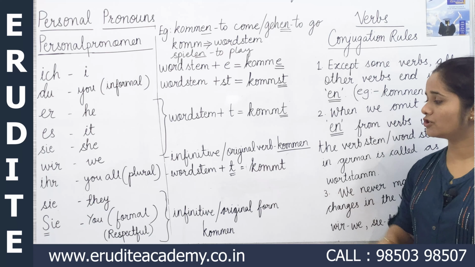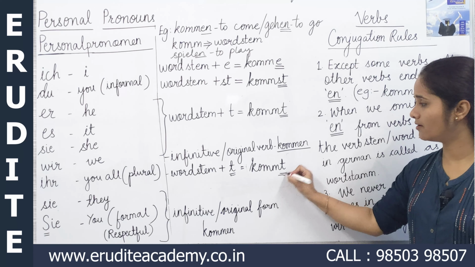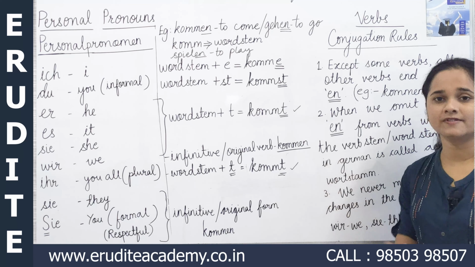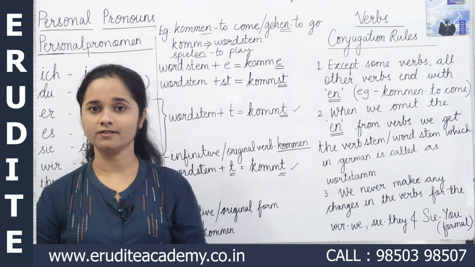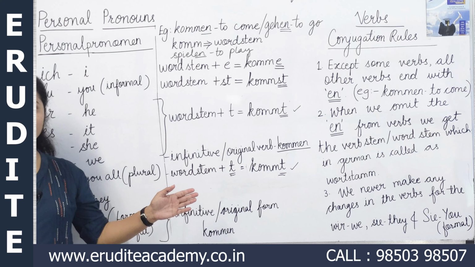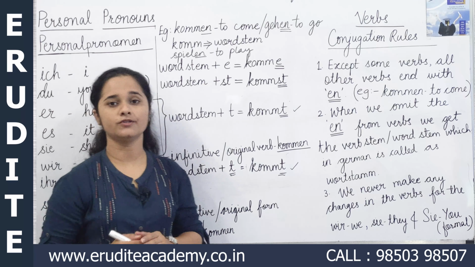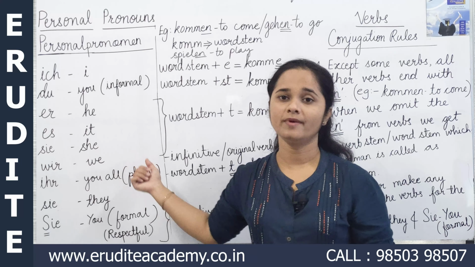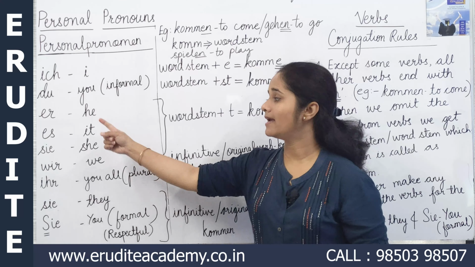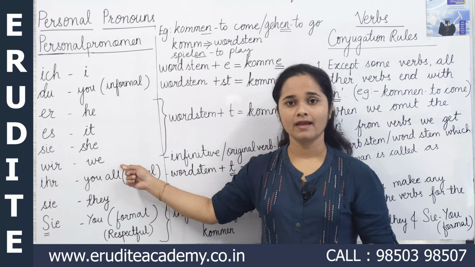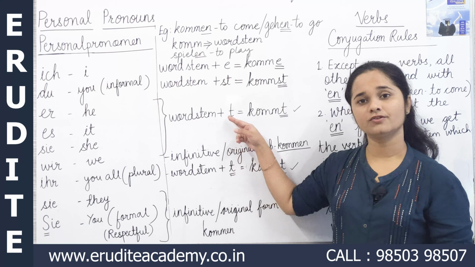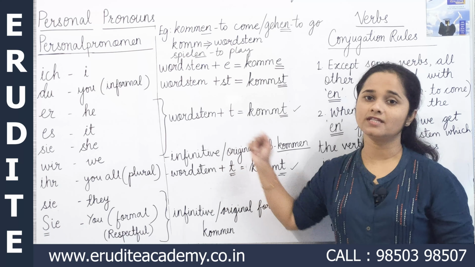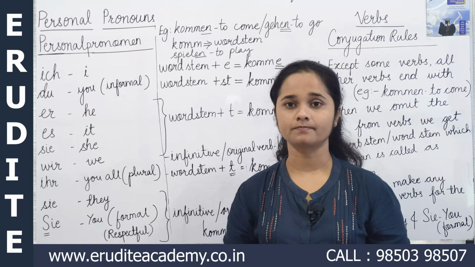So my conjugations look similar for these two forms. But kindly make sure, even if the conjugations look similar, you are never going to write the personal pronouns together. That means the er, sie, es form and the ihr form cannot be written together only because you see the conjugations similar.